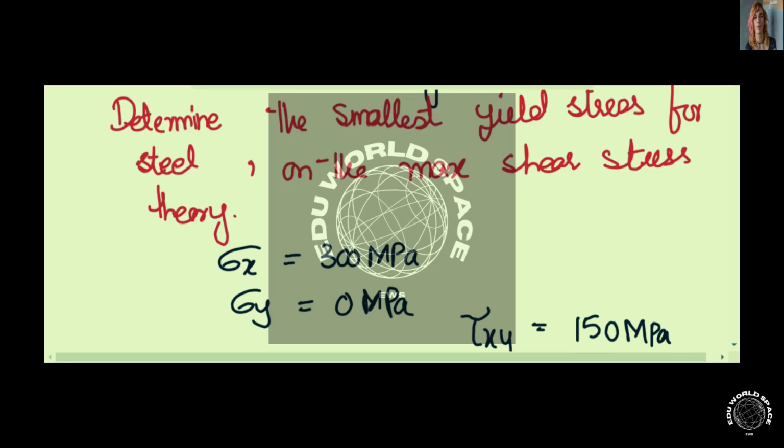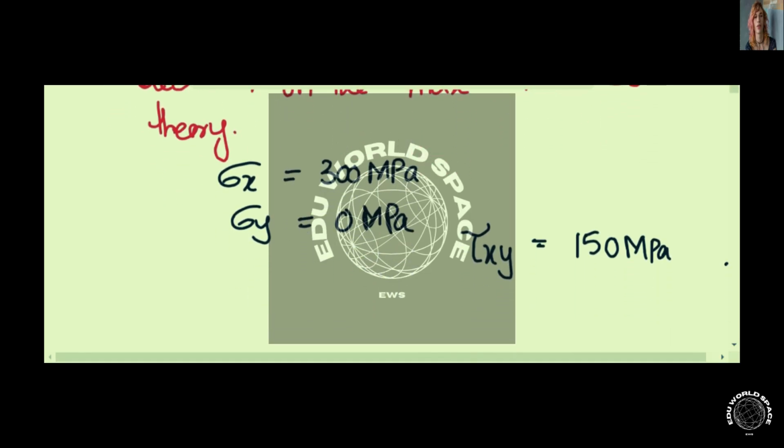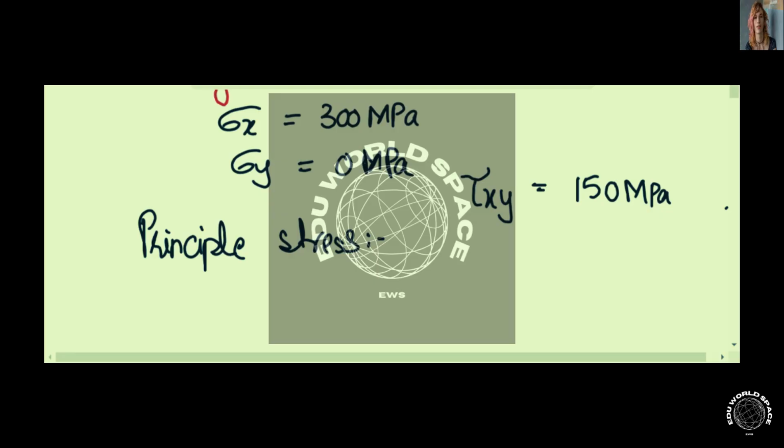Now what we are going to do over here is use previous equations, just as we have done before, so that we can calculate the principal stress, right? So we need to calculate the principal stress.